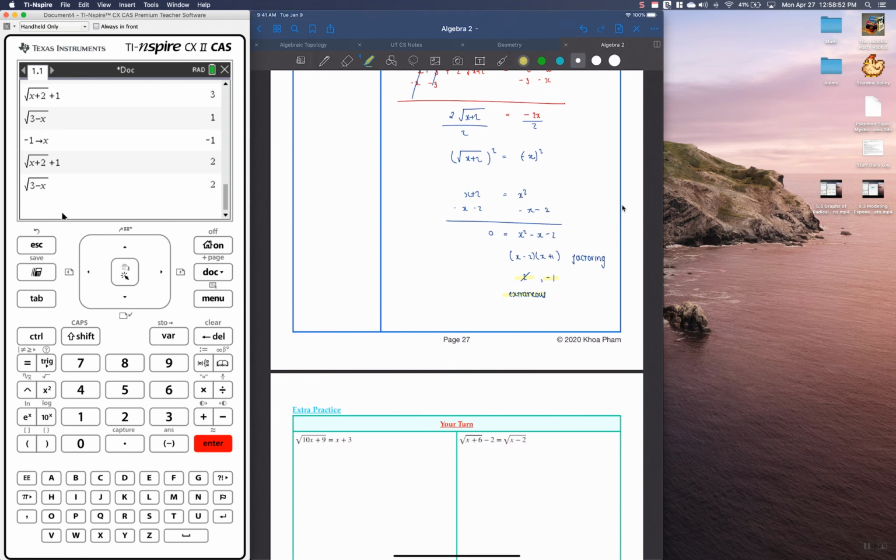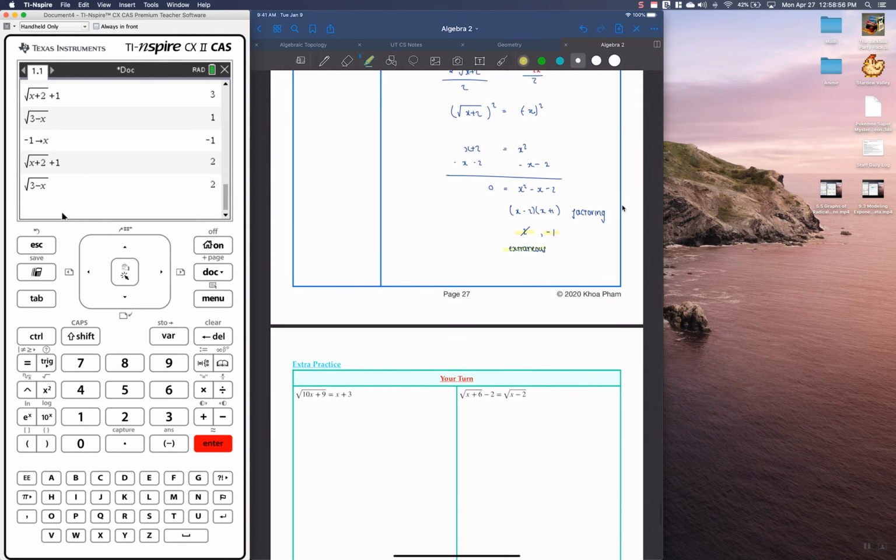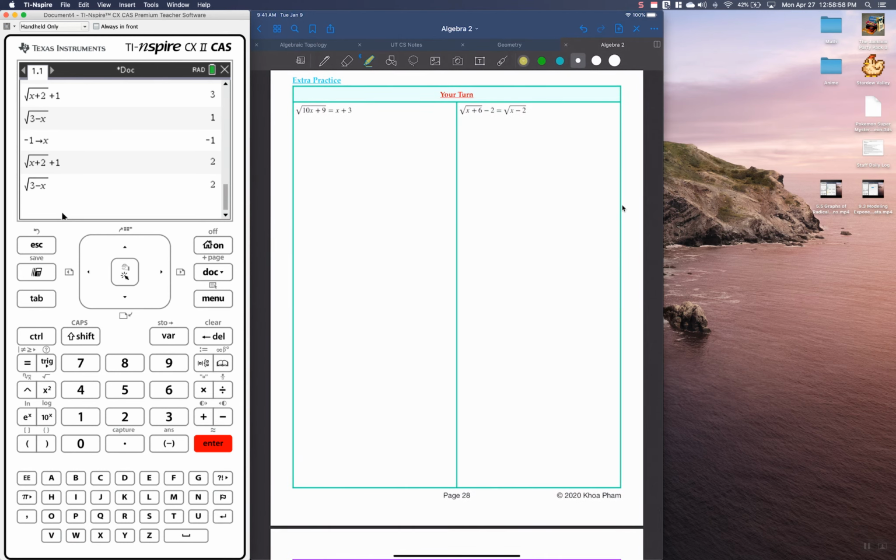However, I'm going to go over the next extra practice problems, but again, these are optional, okay? If you square both sides here, you get 10x plus 9 equals x squared plus 6x plus 9.